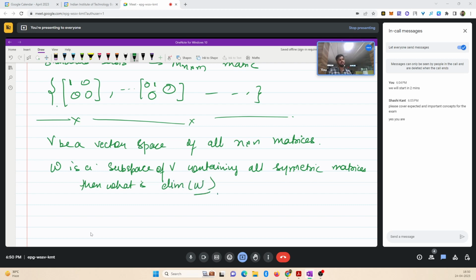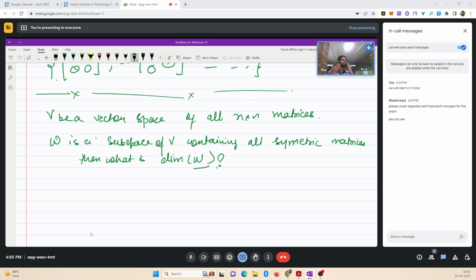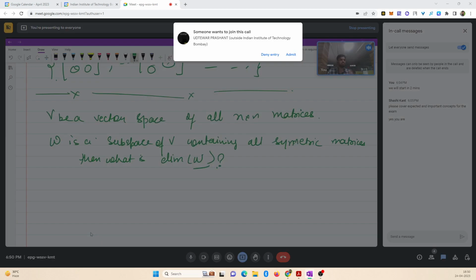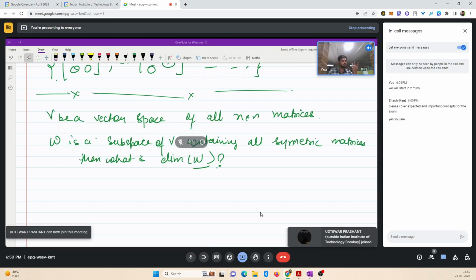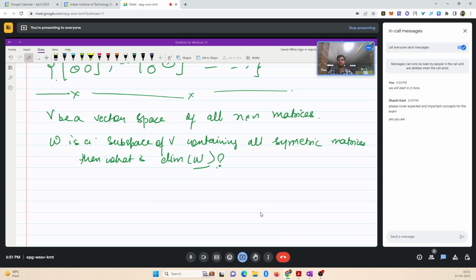See, one approach to find the dimension of any particular vector space or subspace is to look at a basis set, see how many elements are there, and just count it and say these many elements are there, so this is my dimension. But sometimes it is not very time saving, or computationally easy, to list down all the basis elements.